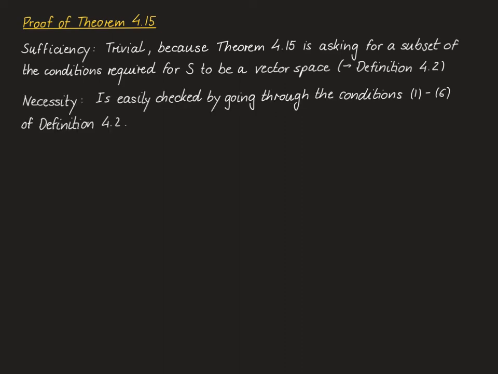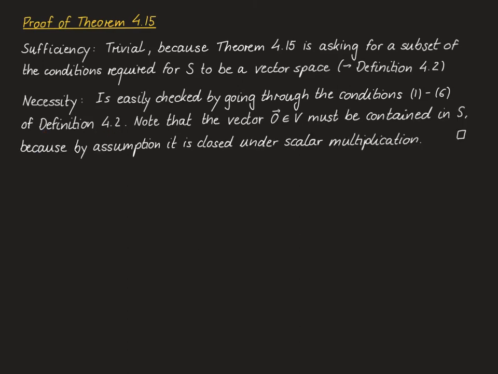Necessity, on the other hand, is easily checked by simply going through the conditions 1 to 6 of definition 4.2. Note that due to the property of closure under scalar multiplication, the zero of the vector space must clearly be contained in any subspace.